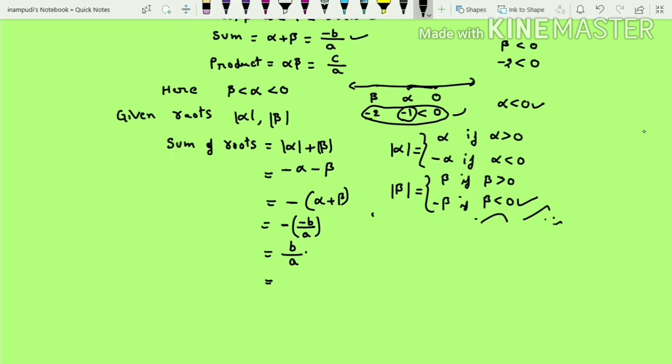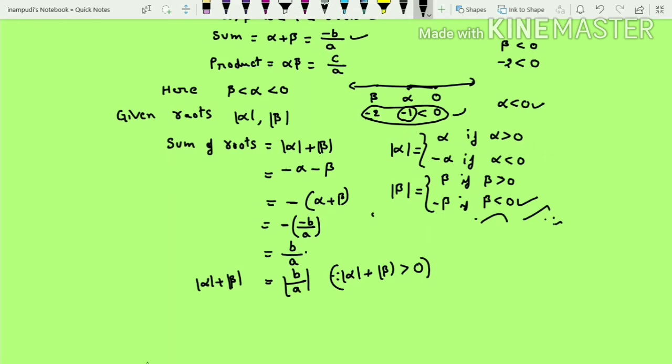Why? Mod alpha is positive, mod beta is also positive, and two positive values sum to greater than 0. So b by a is positive, and can be written as modulus of b by a.